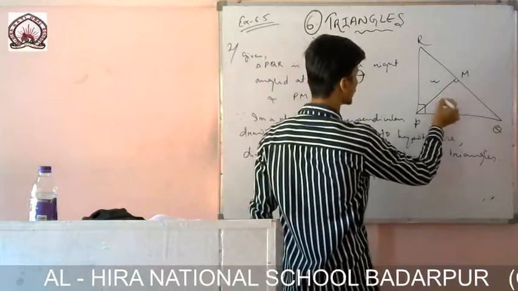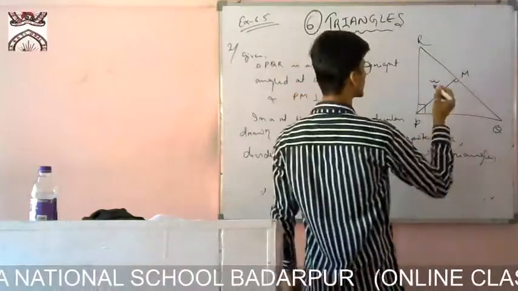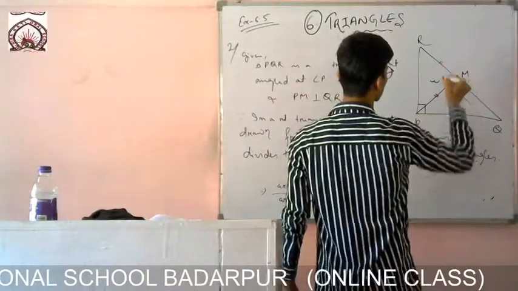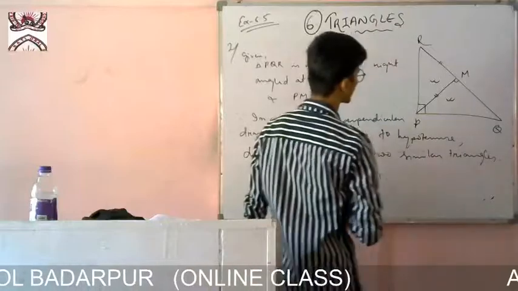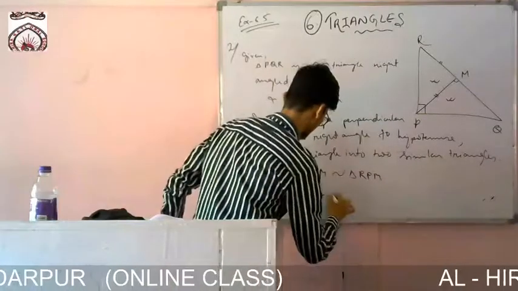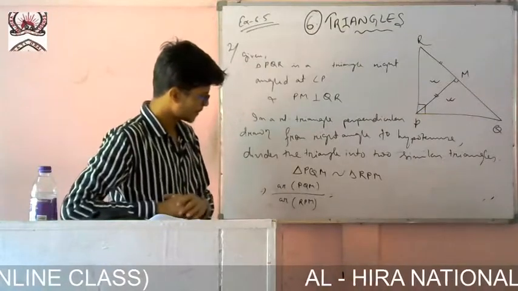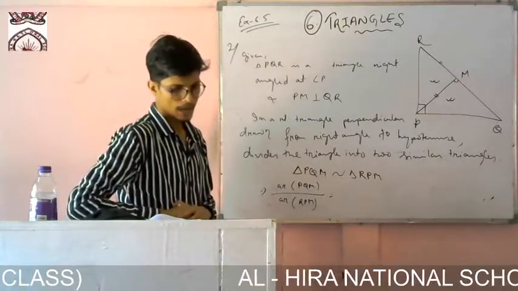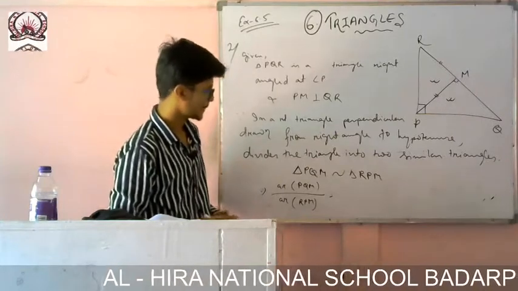For PQM this one, and for RPM that one, we can write it as PM by RM.